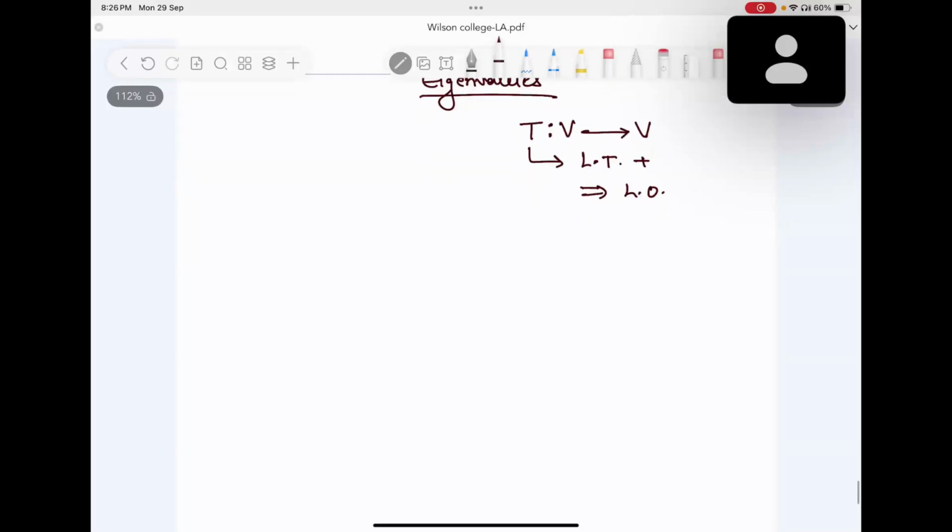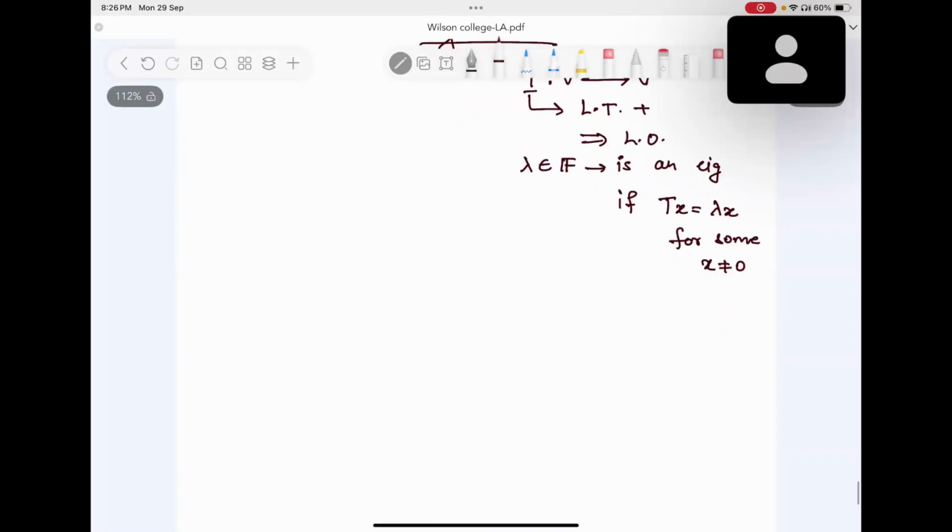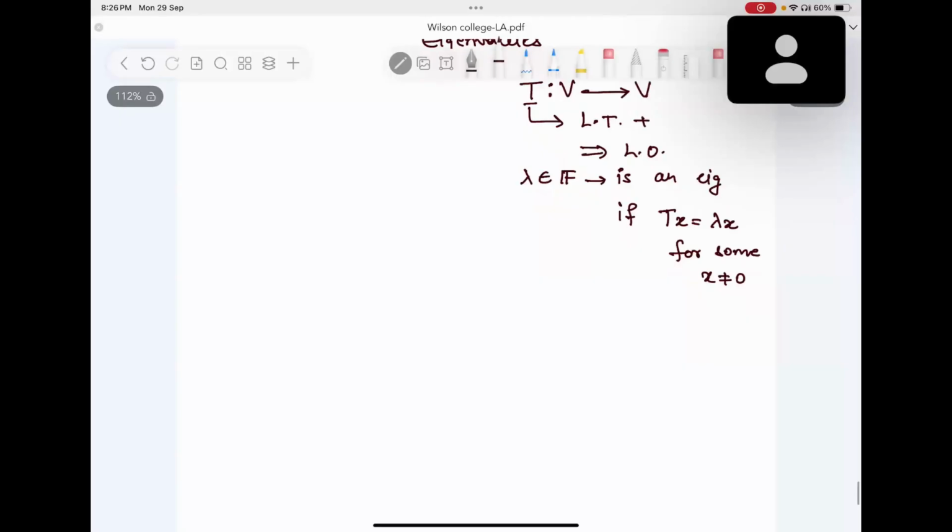And we say lambda from the field is an eigenvalue for this T if Tx equals lambda x for some nonzero x. So if lambda is an eigenvalue for a linear operator T, then what can you say about the nullity of T minus lambda I?